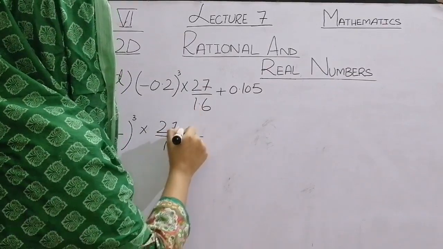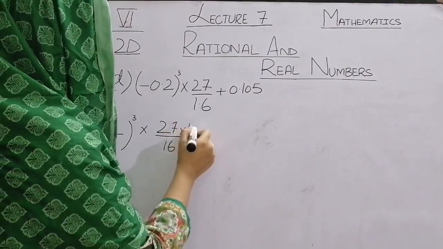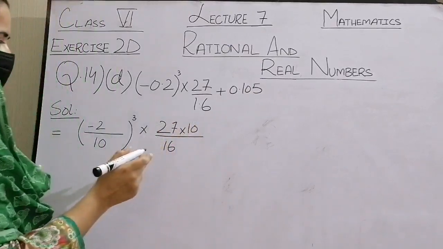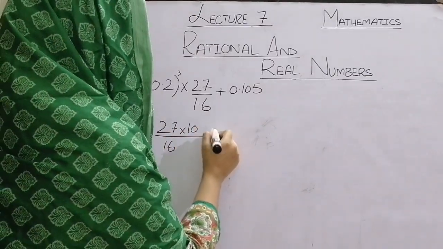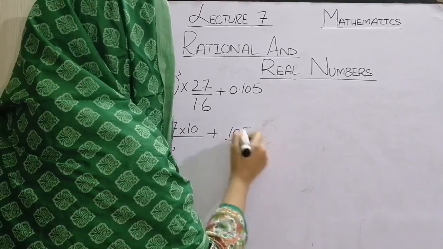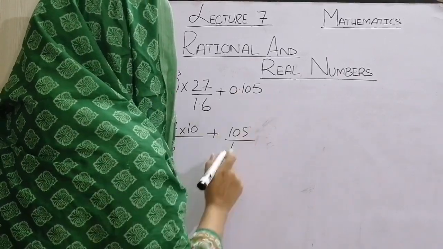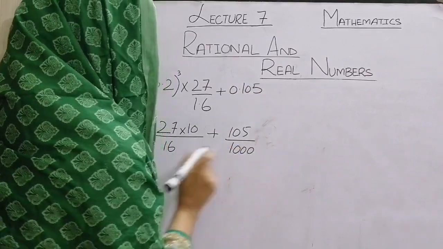Remove this decimal. 1 in place of the decimal and 1 digit after the decimal, so we have to put 10 over here. Plus 105 over 1 instead of the decimal. 1, 2, 3 numbers after the decimal, so 3 zeros.